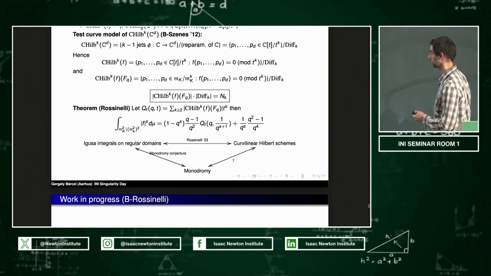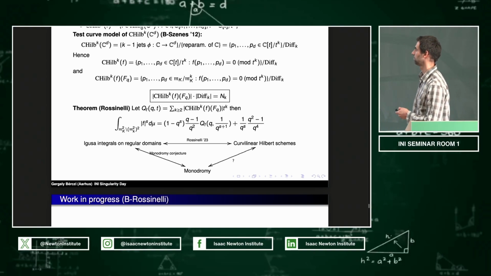But the question, if I understand it well, is how can you identify the rest of the domain? If you have a generic point, there is a way.